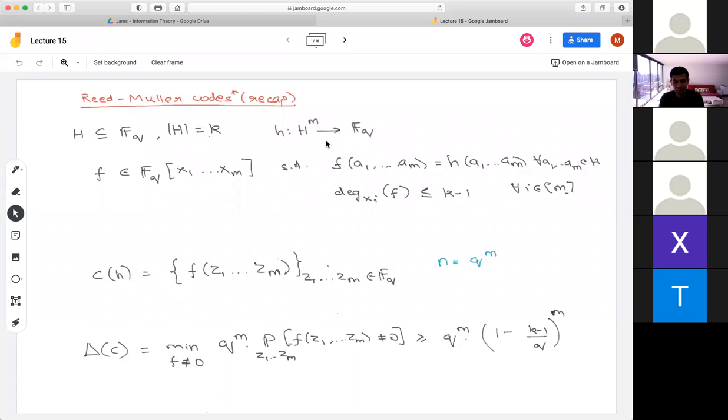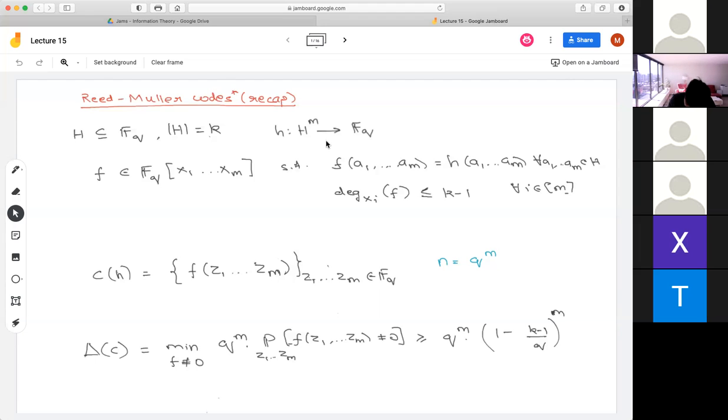Your given message corresponds to a function little h on this set H to the M. So if the set H is of size k, you get to write down these k to the M values, whatever you want. And then we find a polynomial such that its degree in each variable is at most k minus 1, and it agrees with all the values we wrote down on this set H to the M. And we just evaluate it on all points in FQ to the M and write down all the evaluations. That's our code word.